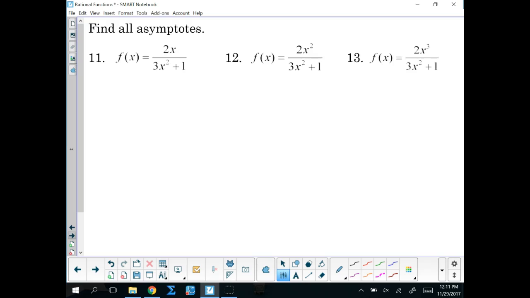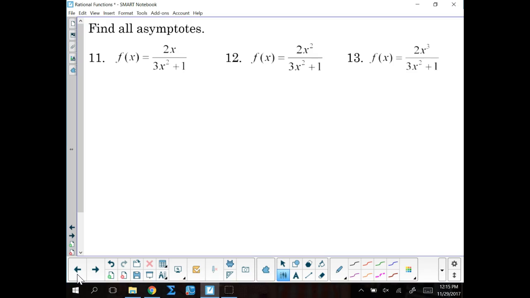Of those three, for number 11, number 12, and number 13, I want you to find me all of the asymptotes for all three of those. Means you got to find the horizontal and you got to find the vertical asymptotes. All right, first one. What are the asymptotes in the first one?